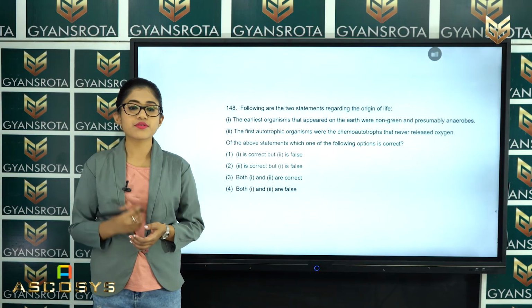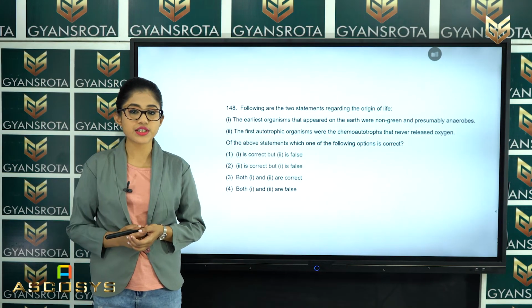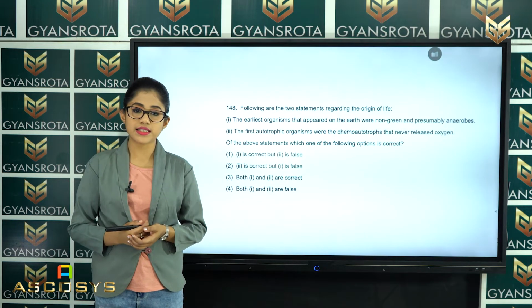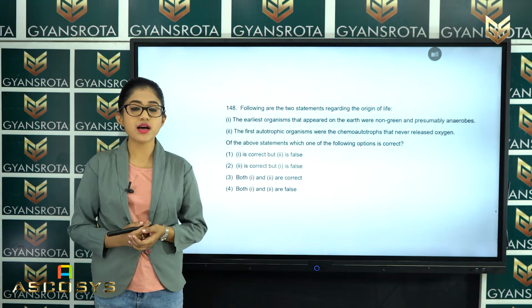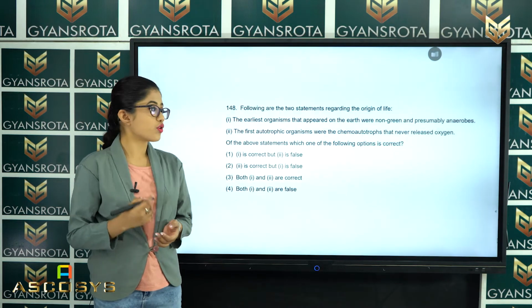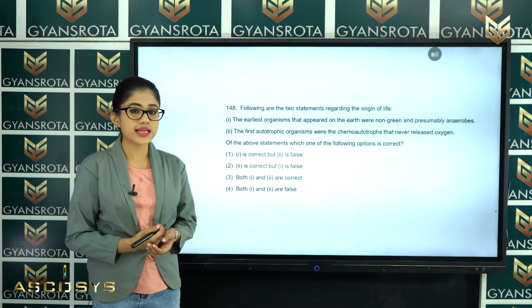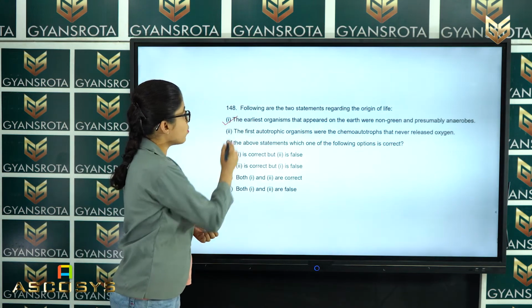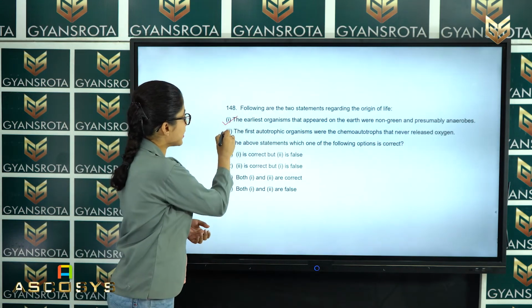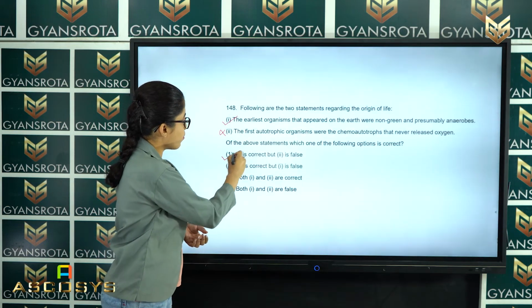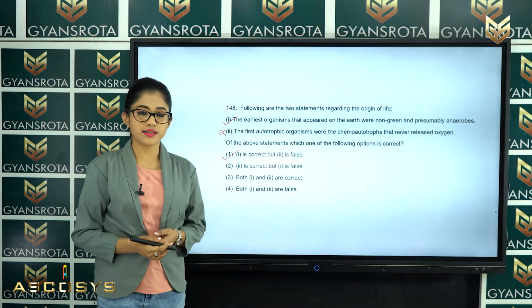This is from the chapter Biological Classification. There we have discussed the primitive organisms, that is the bacteria that we call archaebacteria, right? The correct statement is statement number 1. Statement number 2 is incorrectly written. So option number 1 is the correct answer.